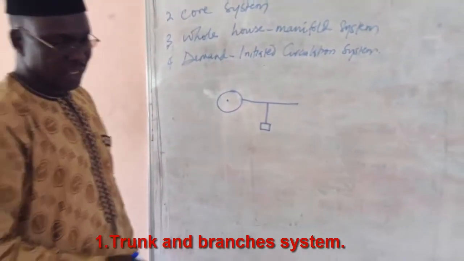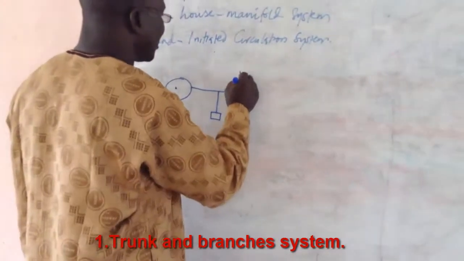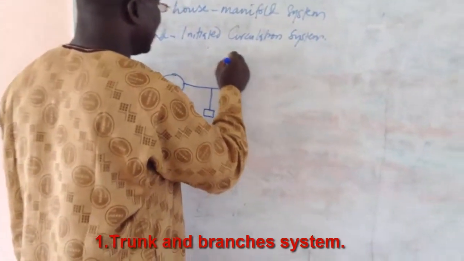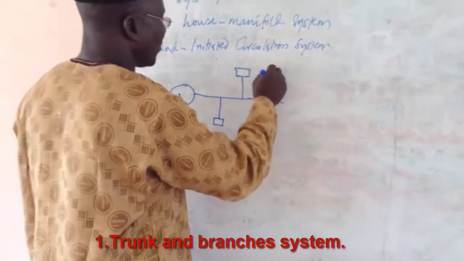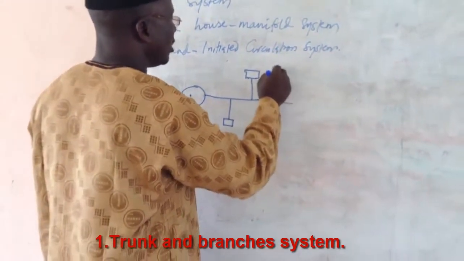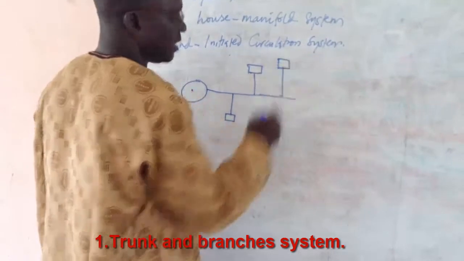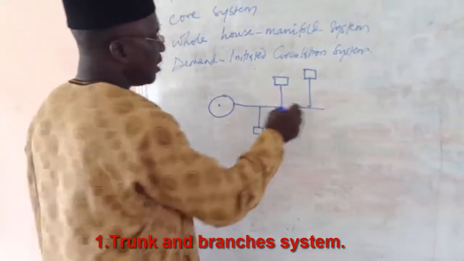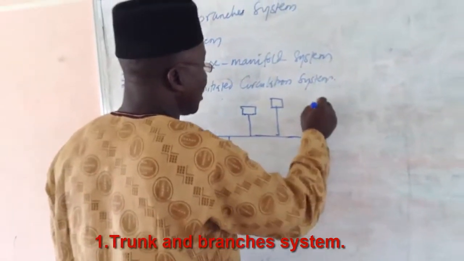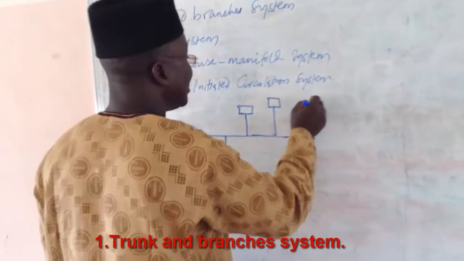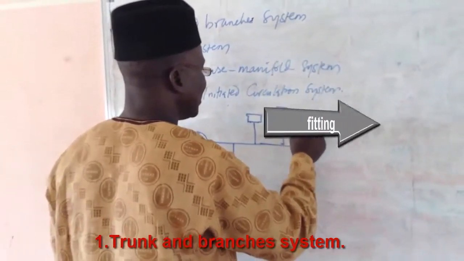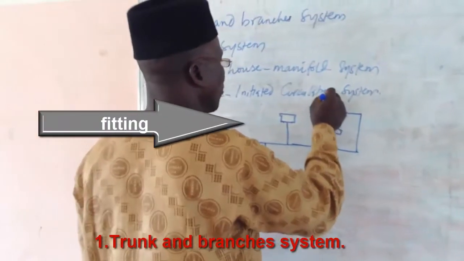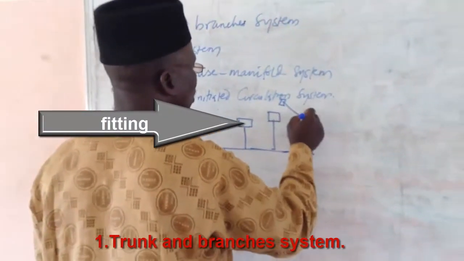When it goes further, another fitting may be here, it supplies these fittings. It goes further again, depending on the number of fittings. It goes here, this one can supply another fitting here. This one can supply another fitting, it depends on the positions of the fittings.